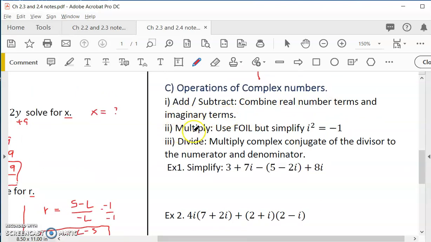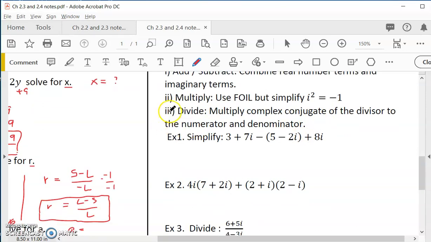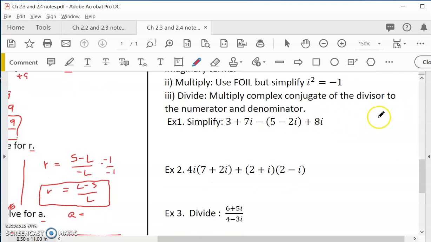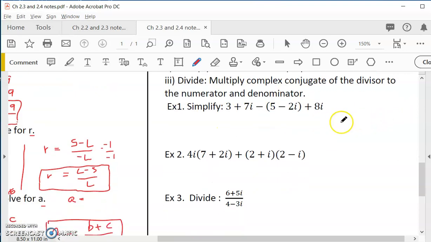For multiply and divide, we use FOIL, but we must simplify i squared to negative 1 because that's how it's defined. And third, if I am to divide two complex numbers, we use something called the complex conjugate of the divisor, multiplying the numerator and denominator by it. Okay, so let's go through them one by one.